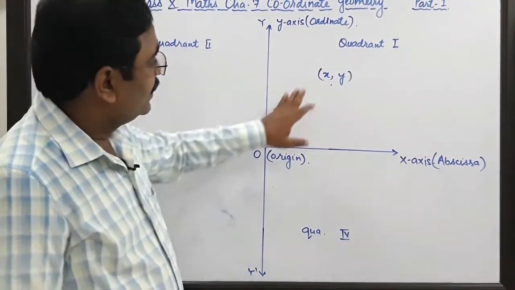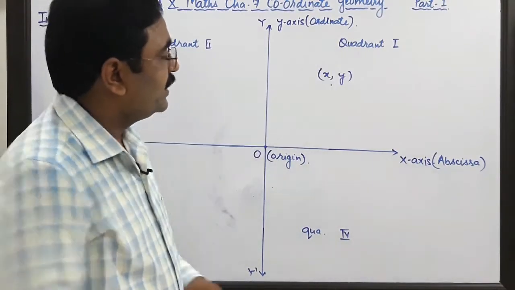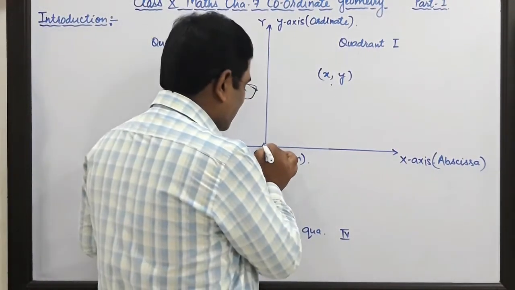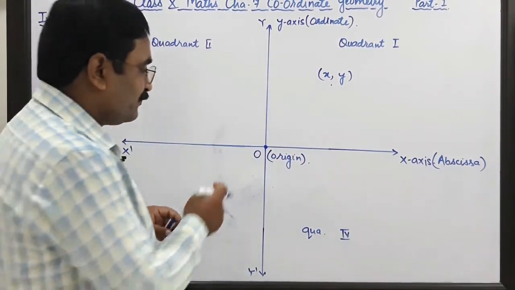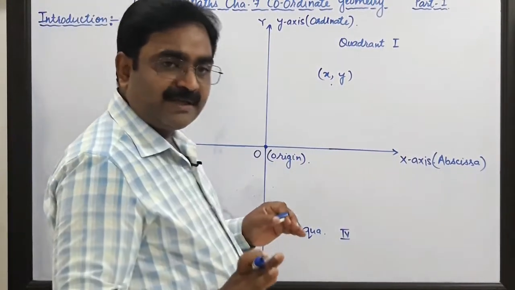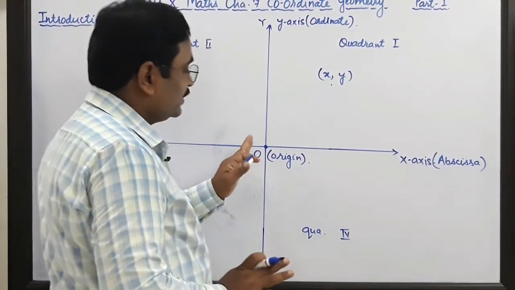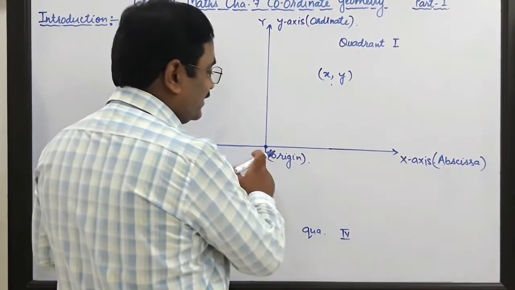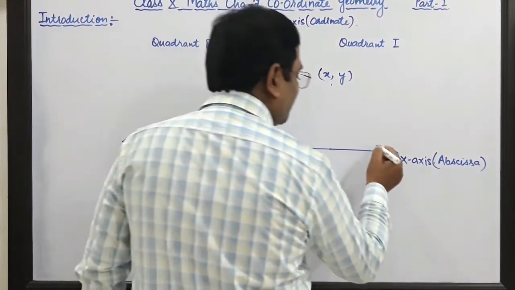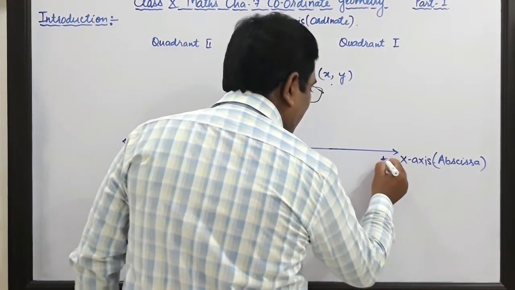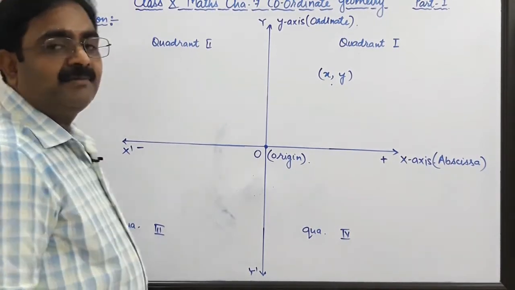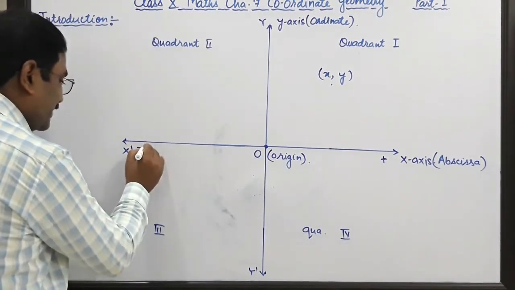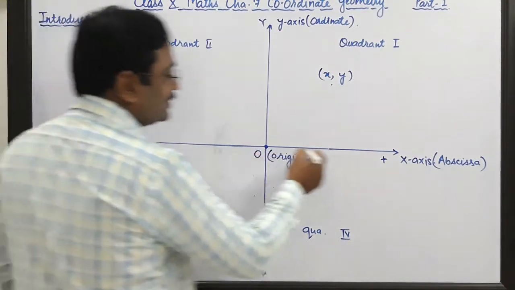Now, for the sign convention, we always measure from the origin. If you measure on the x-axis to the right side of the origin, you get the plus sign, and to the left side of the origin you get the minus sign, meaning this is the negative direction and this is the positive direction.